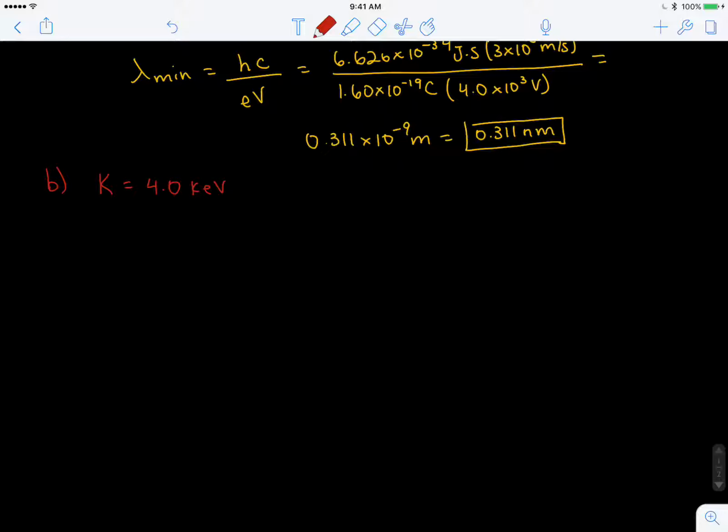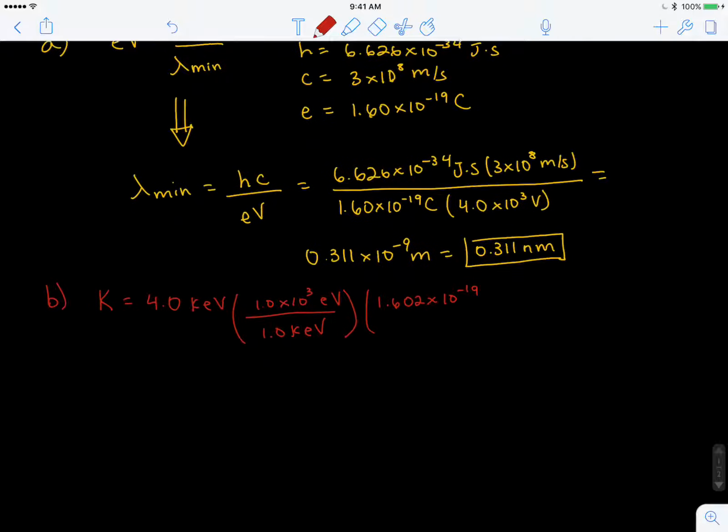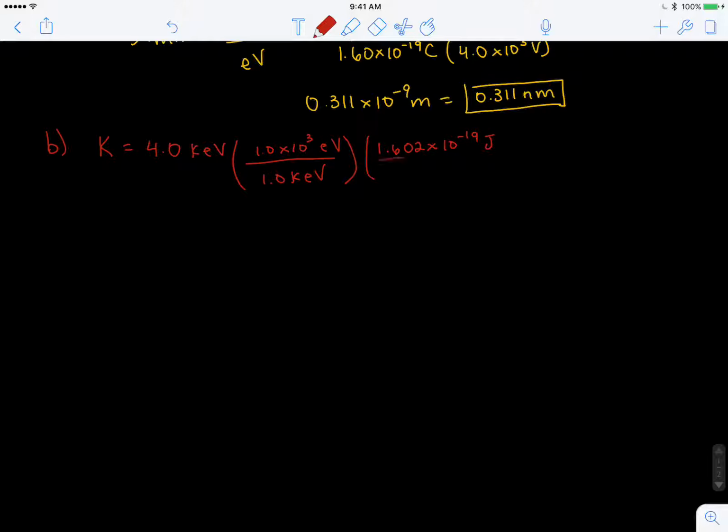We can convert that to joules by multiplying by 1 times 10 to the third electron volts per 1.0 kilo electron volt, because we want to get this into eV, not keV. And we know that there are 1.602 times 10 to the negative 19th joules per electron volt. So this is equal to 6.408 times 10 to the negative 16th joules.